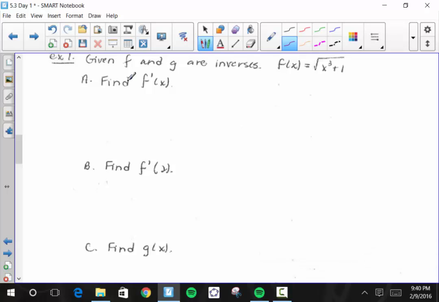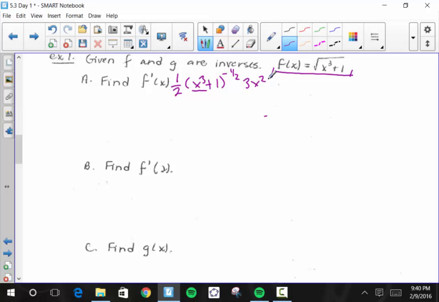Okay, so here are the kind of steps for determining what's going on with these inverse functions. First, given that f and g are inverse functions, so that's given. We are going to start by knowing that f of x is this, and we are going to find the derivative of f of x. We get 1/2 times x to the third plus 1, all raised to the negative 1/2 power, and then the derivative of the inside is just 3x squared.